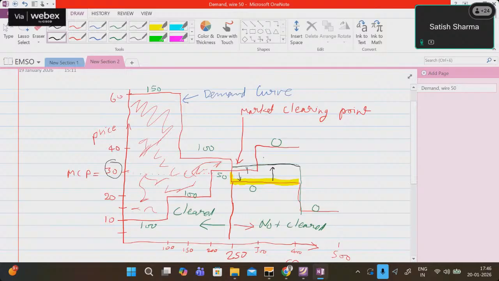In this case, the market clearing will also shift from that point to this particular point, and the cleared quantity will be 300, and the prices will be 32.